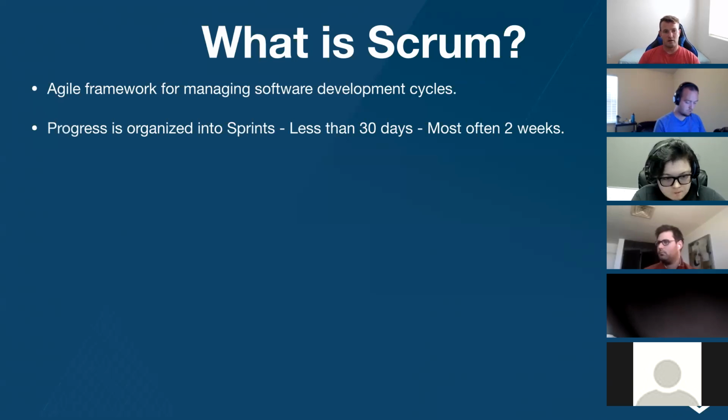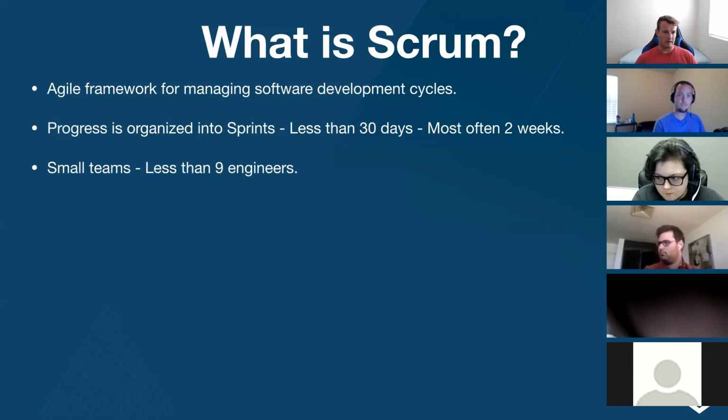Progress in your work is organized into sprints, less than 30 days, most often 2 weeks. Small teams, less than 9 engineers. So if you work for a large company and you have 100 developers, and you want to follow Scrum and Agile, then you will split up your group of developers into small teams to each work on their own individual things.